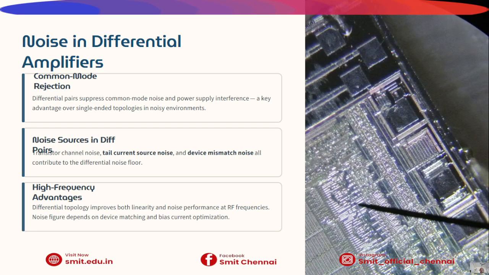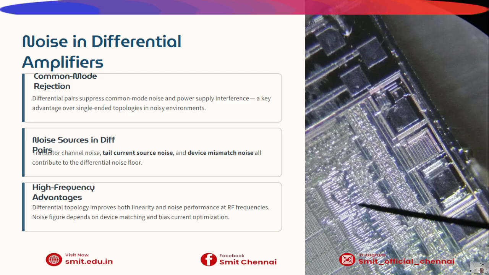Next, we see about the noise in differential amplifiers. Differential amplifiers offer significant advantages over single-ended amplifiers. One major advantage is common mode noise rejection. Noise that appears equally on both inputs is largely cancelled. Noise sources in differential amplifiers include transistor channel noise, tail current source noise, and mismatch between devices.